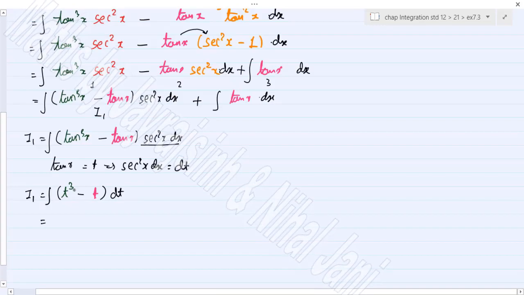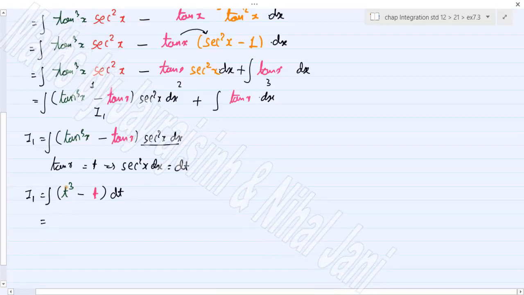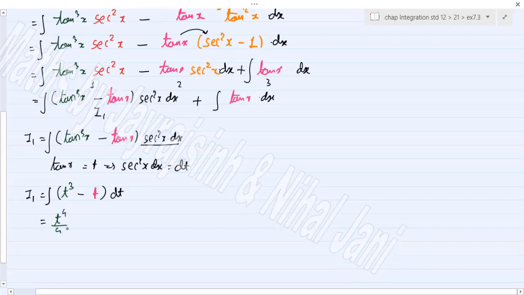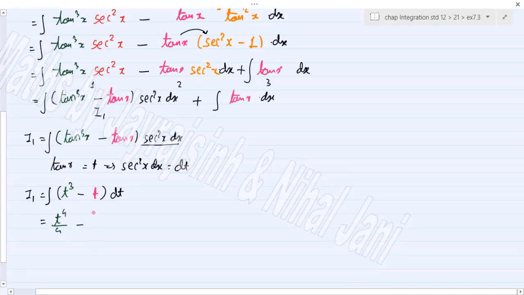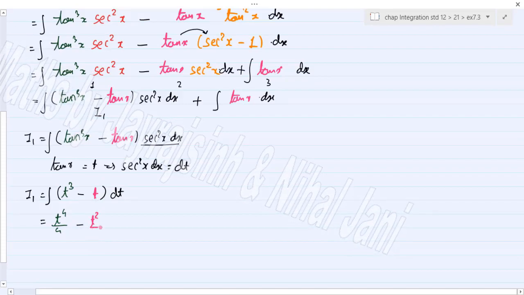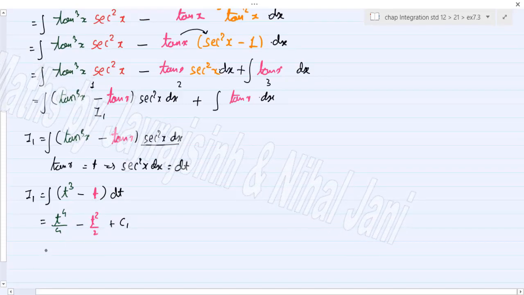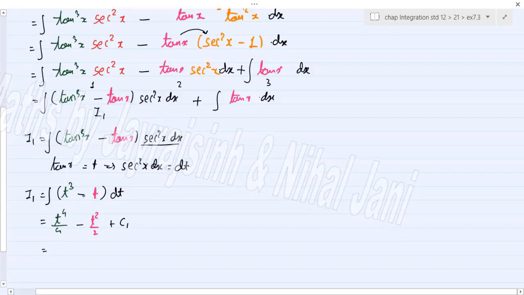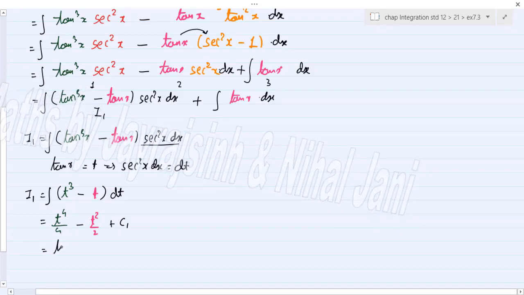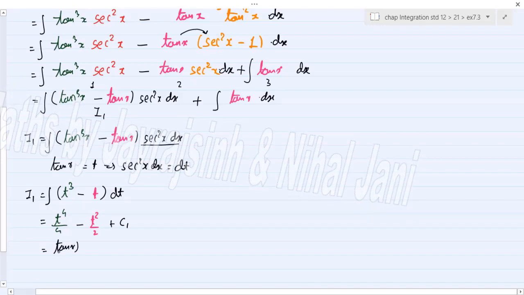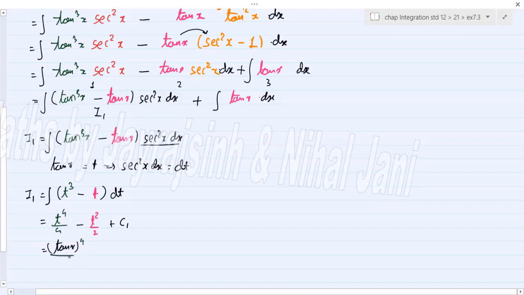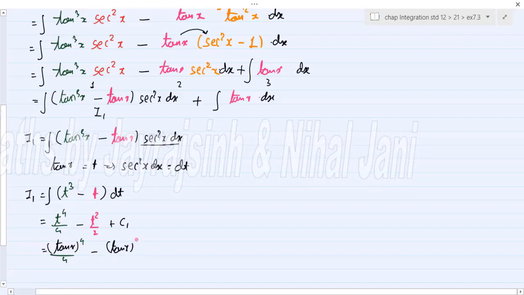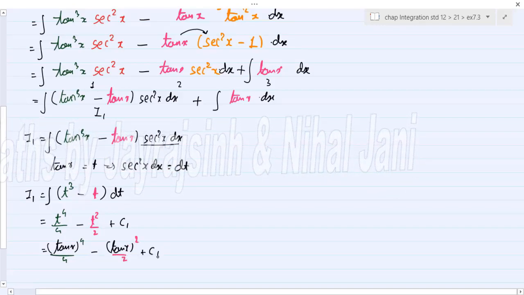So we are ready to integrate. Integration of t cube will be t raised to 4 by 4 minus integration of t will be t square by 2 plus c1. And to get the final answer, just substitute the value of t, which is tan x. So here we'll get tan x raised to 4 by 4 minus tan x the whole square by 2 plus c1.